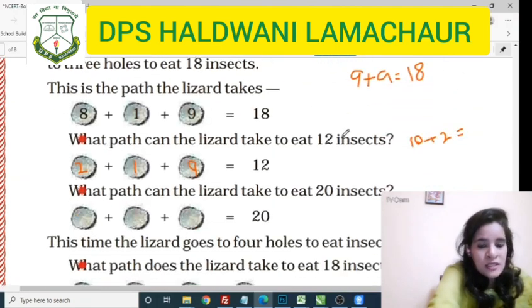So let's see whether it is making 20 or not. 3, 9, 8. You can take any 3 numbers which make 20. आपको कोई भी 3 ऐसे नंबर लेने हैं जिन तीनों को ऐड करके 20 आए.